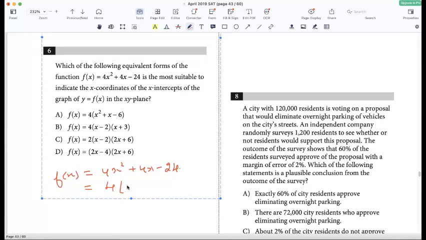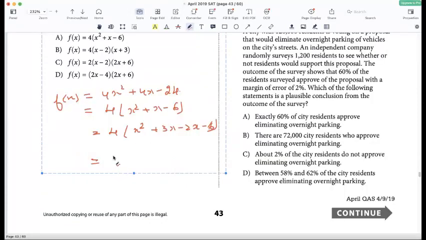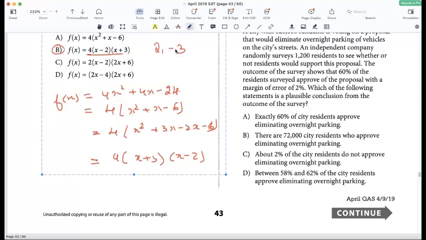So let's take 4 common, x squared plus x minus 6. So that's x squared plus 3x minus 2x minus 6. So this becomes 4 times x plus 3 times x minus 2. So that's option B. You can see that the x-intercepts here would be 2 and negative 3.